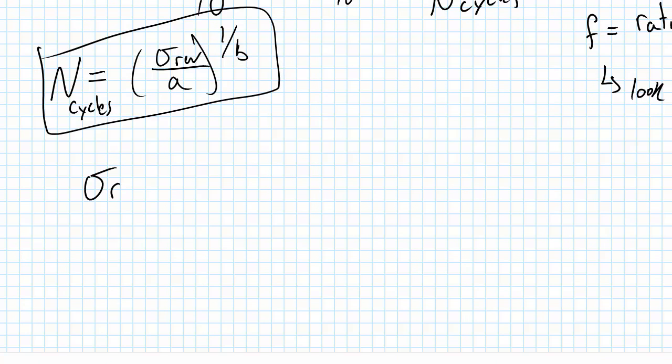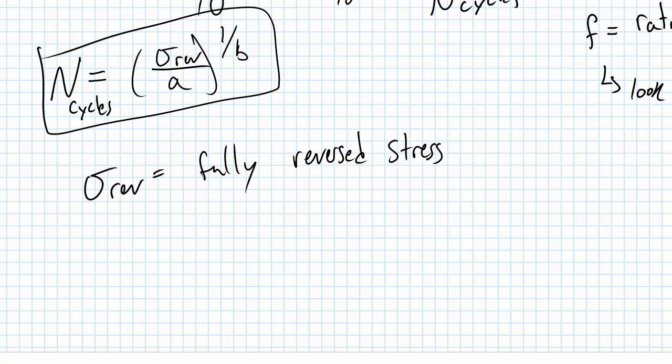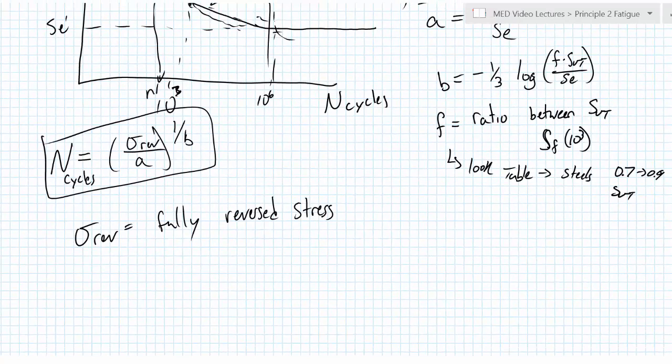Now note that this sigma rev here is the fully reversed stress. In future videos, we'll talk about combined loading. If you use this equation, you need to first determine the equivalent fully reversed stress. But for now, in the simple fully reversed cases that we're looking at, this will just be the stress value that we're at.